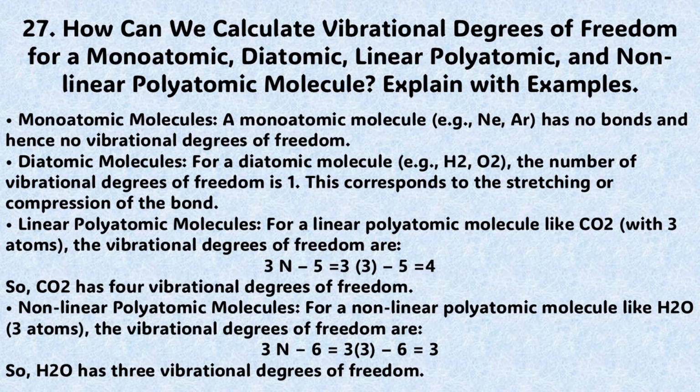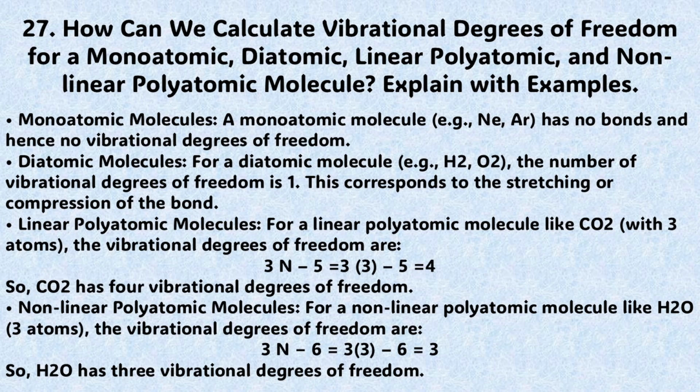Monoatomic molecules: a monoatomic molecule, for example, Ar, has no bonds and hence no vibrational degrees of freedom. Diatomic molecules: for a diatomic molecule, for example, H2, the number of vibrational degrees of freedom is 1. This corresponds to the stretching or compression of the bond.